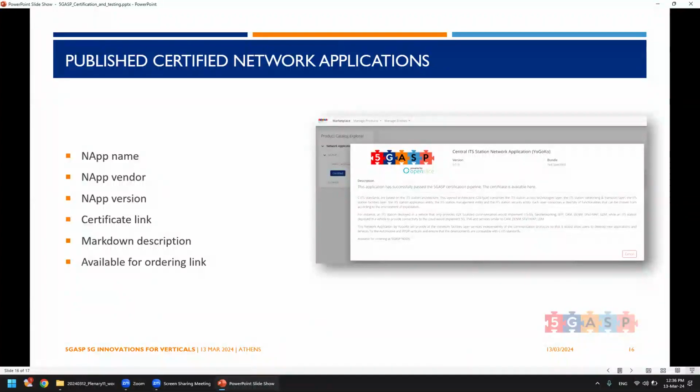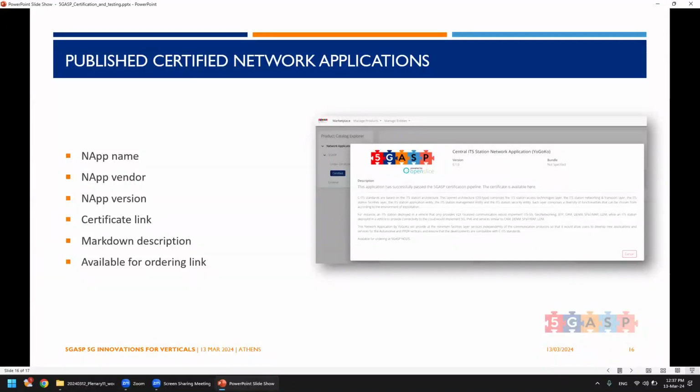Last but not least, when we have a successful certificate award, what FiveCasp offers is the certified network application marketplace, which is modeled via the product entity of TM Forum that we have referenced in the previous presentation. And this specific placeholder holds the network application itself. It holds a link to the certificate and the validation from FiveCasp that this application underwent the certificate program of FiveCasp.